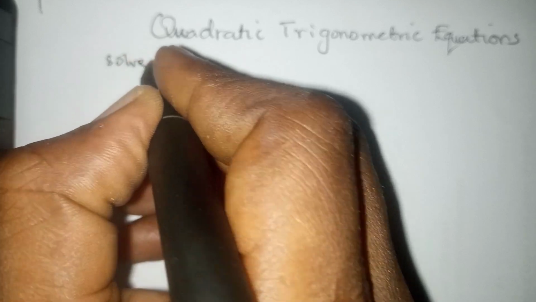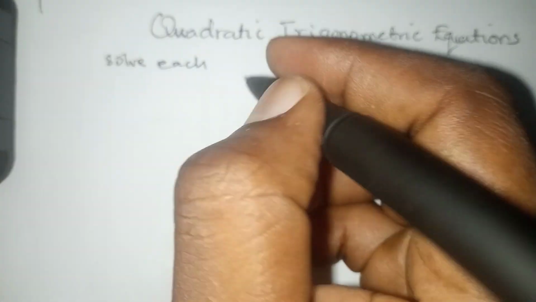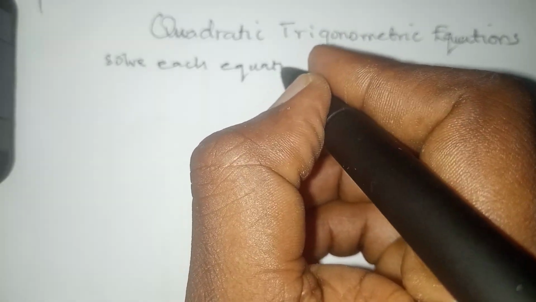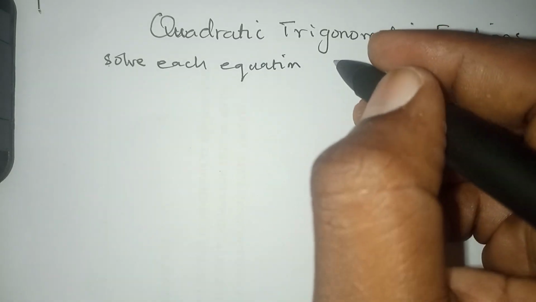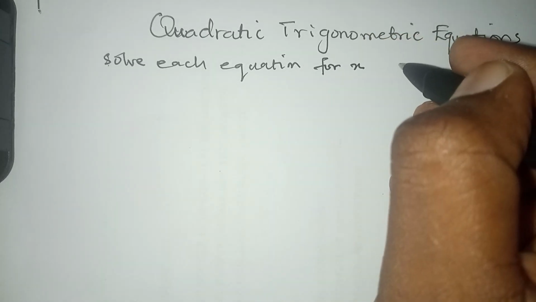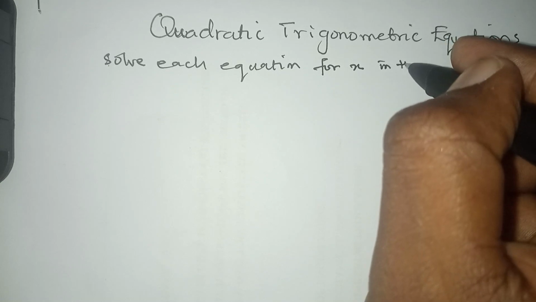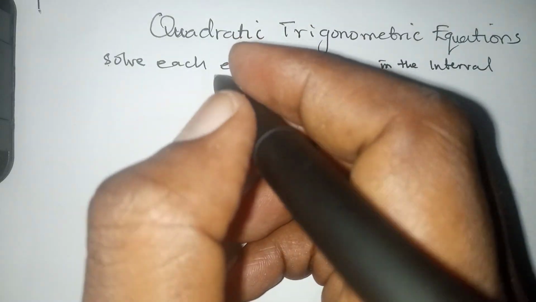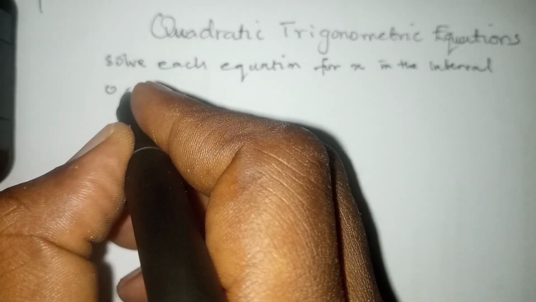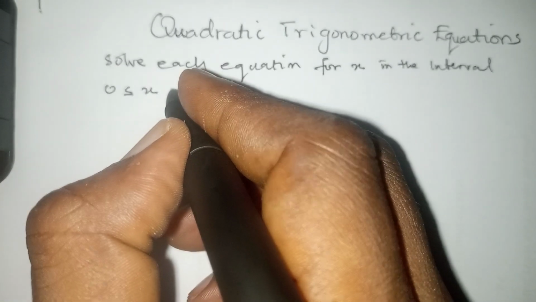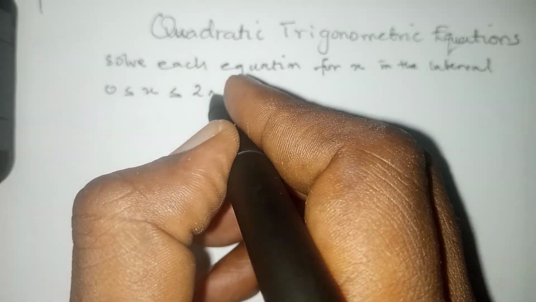This example says: solve each equation for x in the interval 0 less than or equal to x less than or equal to 2 pi.